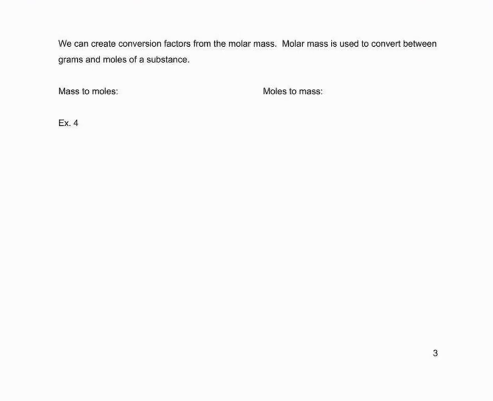So when we're going to make a conversion from mass to moles, here's what it looks like. Mass to moles, we're talking about putting moles on top because that's what we want, and grams will be on bottom. And so what we have here is the molar mass, and remember, molar mass had units of grams per mole.